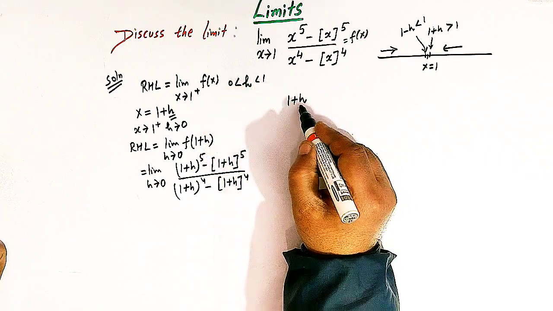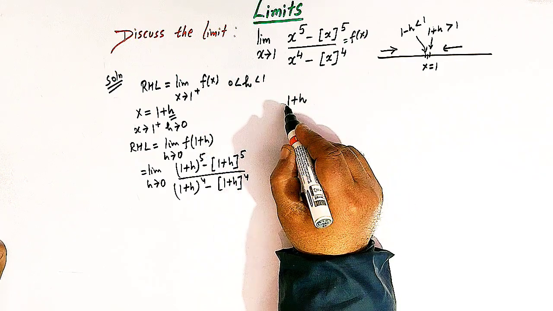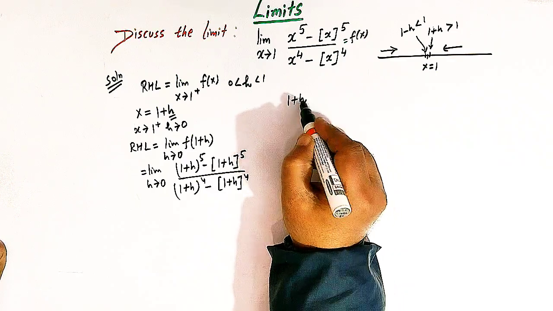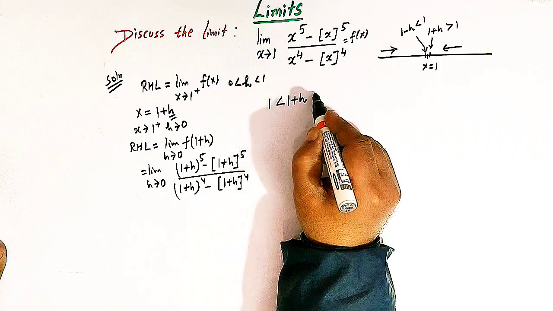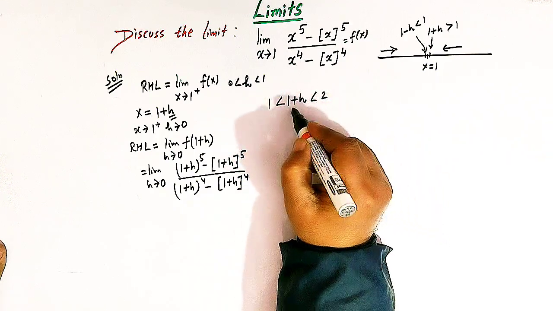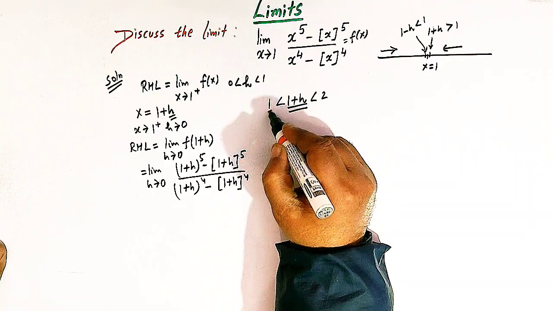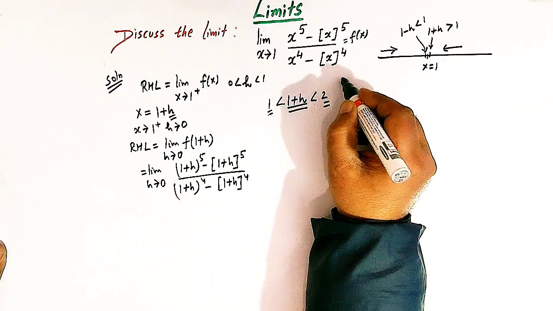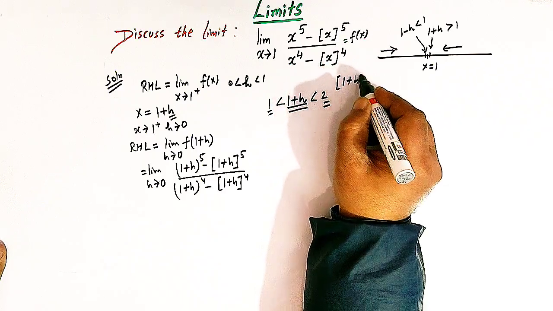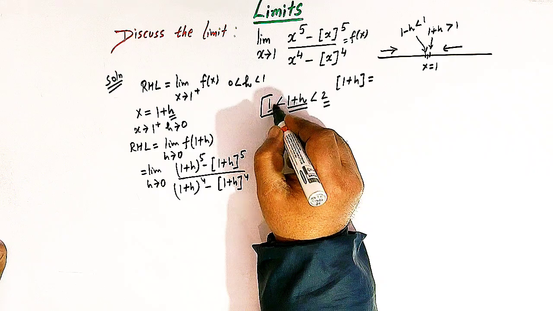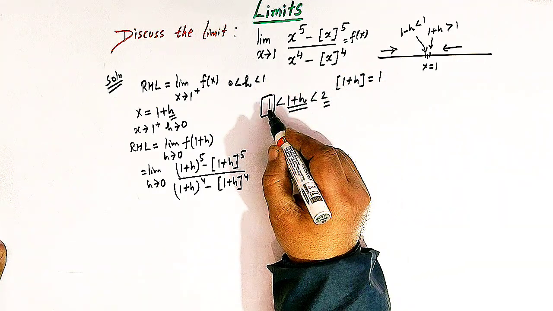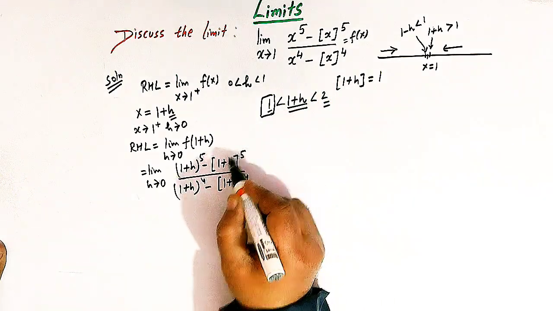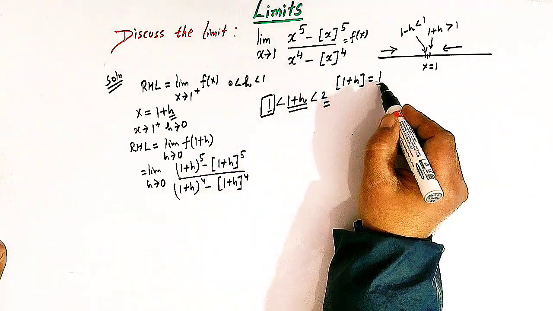Because h is a very small quantity, when we add h to 1, 1 plus h is slightly greater than 1, but always less than 2. So 1 plus h lies between the two integers 1 and 2. From the definition of the greatest integer function, the greatest integer of 1 plus h is equal to 1, because 1 is the greatest integer less than or equal to 1 plus h.